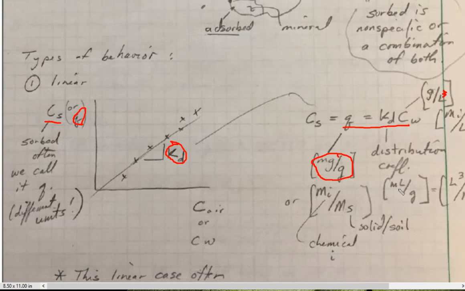And Kd is then the inverse of the aqueous volume over the solid volume. So the units for the chemical are buried in there, because it's the concentration of the solid over the concentration of the liquid, but those two contaminant masses cancel out, so you end up with a volume per gram. So this is volume of water per gram of soil, or gram of carbon, or something like that.